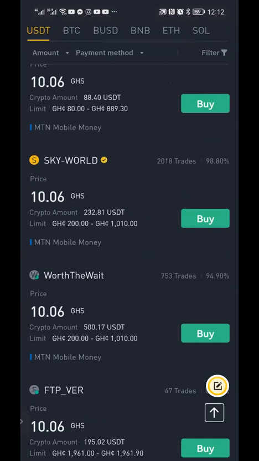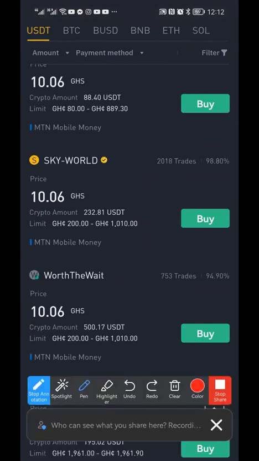Okay, so when we talk of verifying, I'm talking about this yellow mark. That yellow mark means that Skyward is verified when it comes to proof of residential address. Then you look at the number of trades happened so far.